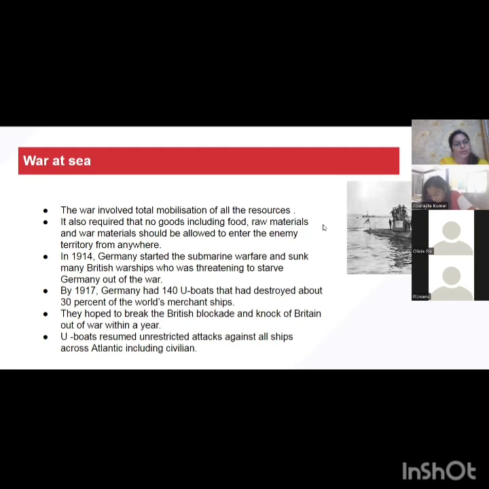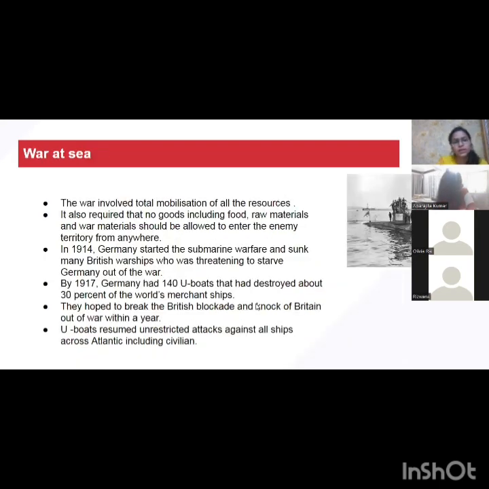But Germany continued attacking even civilian ships, and the biggest mistake was that it attacked one such ship, the Lusitania. In that Lusitania, there were many passengers, of which more than 100 were American. So American passengers unnecessarily died in this attack, and that provoked America.